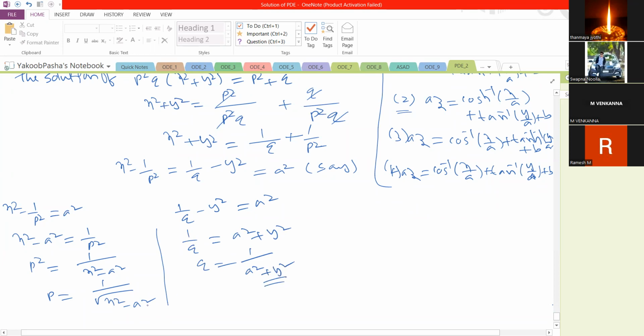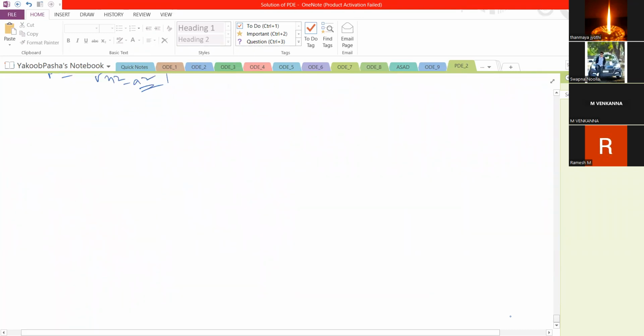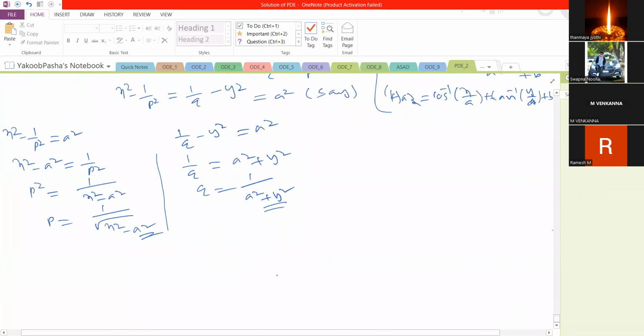P value, q value. Now in dz is equal to pdx plus qdy, substitute. Dz is equal to p dx, 1 by under root of x square minus a square into dx, plus q value, 1 by a square plus y square into dy.